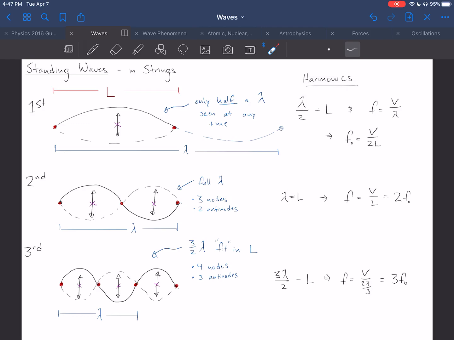You can see pretty straightforwardly that there is a full wavelength between the node on the left end and the node on the right end. So one wavelength is equal to L, the length of the string. If lambda is equal to L, then the frequency is equal to V over L. So this is actually an even more simple equation. Notice that this is equal to exactly 2 times the fundamental frequency.